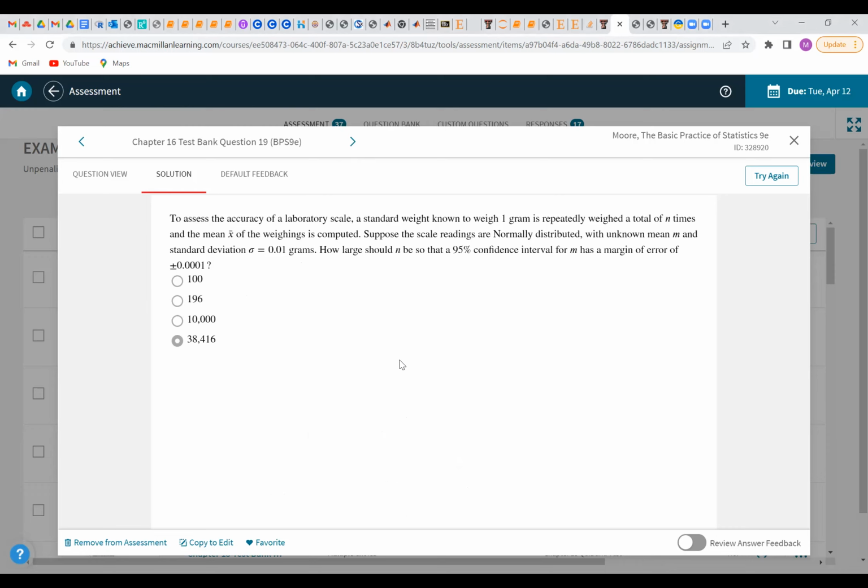Okay, the next problem is we have the confidence level, which is 95%, and we also have the sigma value is 0.01. Alpha is 0.05 because 1 minus alpha is 95%.